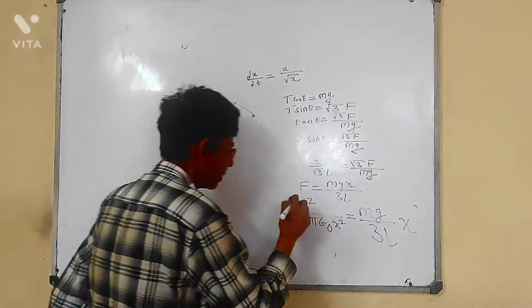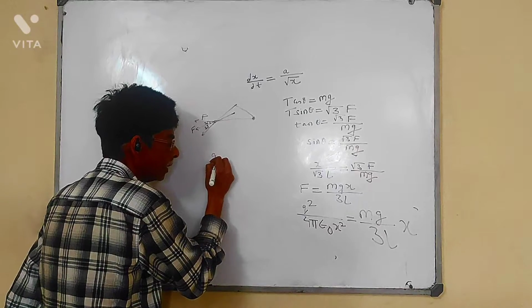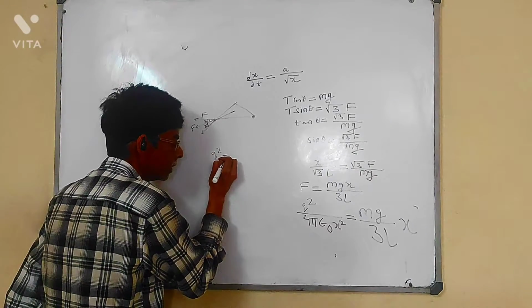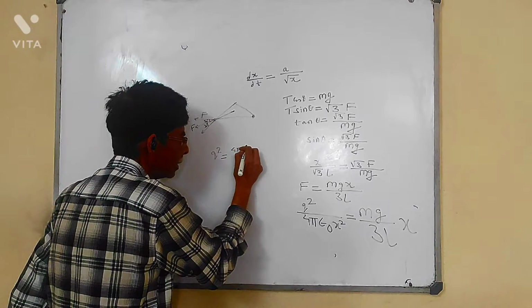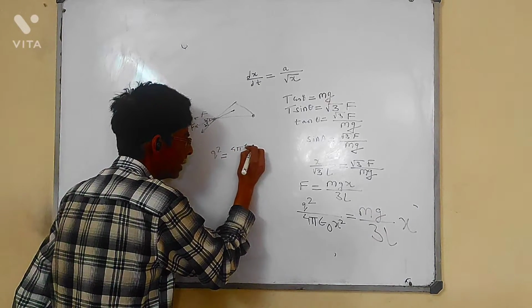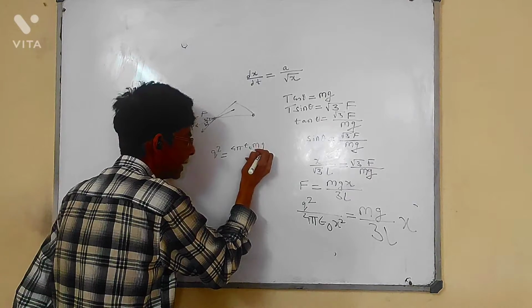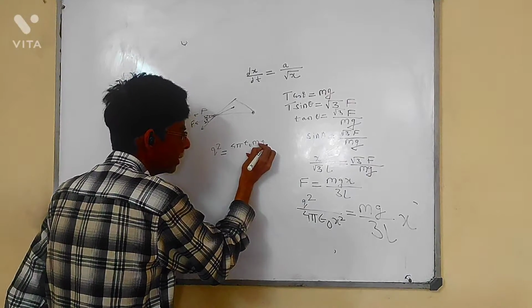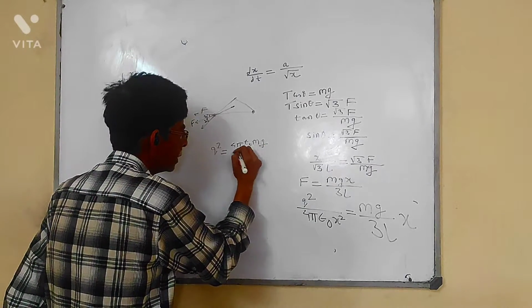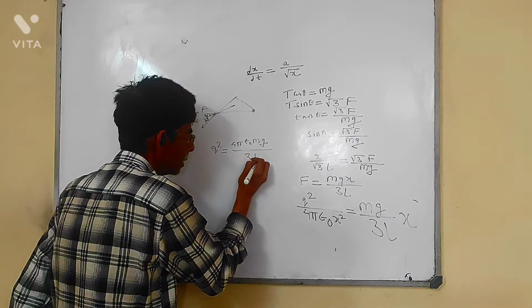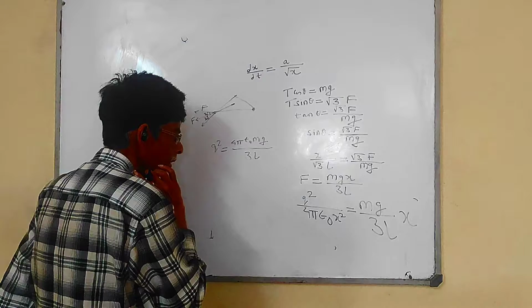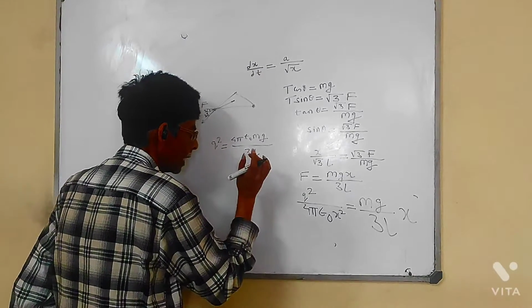So after transposing, q square equal to 4 pi epsilon naught mg by 3L into x cubed.